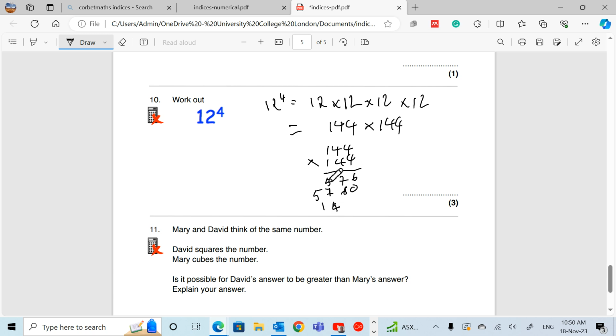Then two 0s here, don't forget, and 4 times 1 is 4, and 1 times 1 is 1. Now you add: 6, 7 and 6 is 13, 5 and 7 is 12, plus the 4 is 16, plus the 1 is 17, and 5 and 4 is 9, plus the 1 is 10, and we have the answer of 20,736. And there you go. 3 marks.